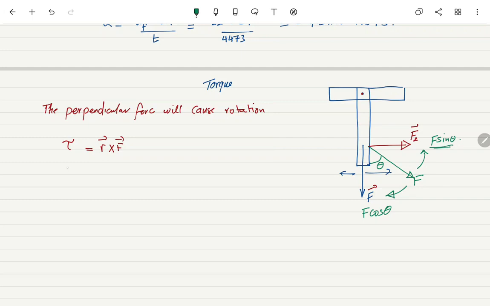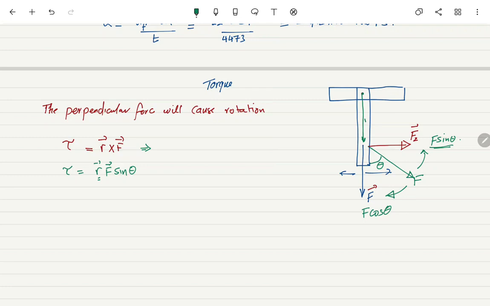In this case, torque is defined as r cross F, or in other words, torque is equal to r F sine theta. In such a way, r here is defined as the vector from the pivot point until the force F here.